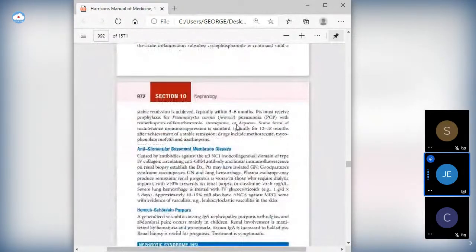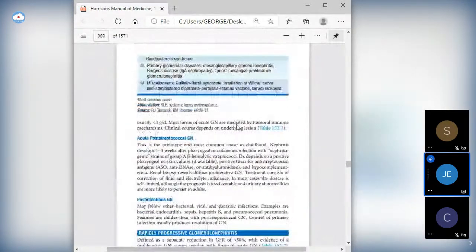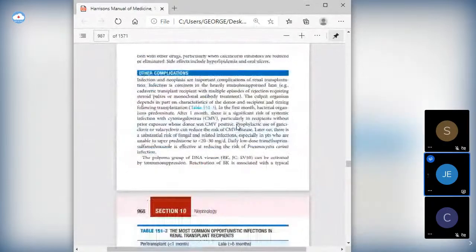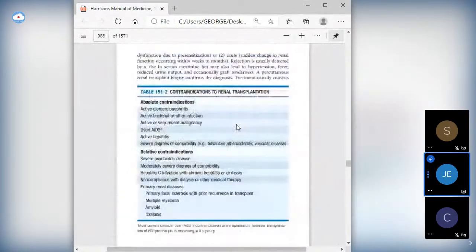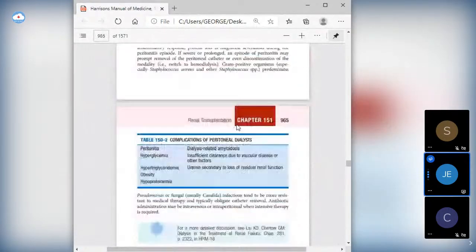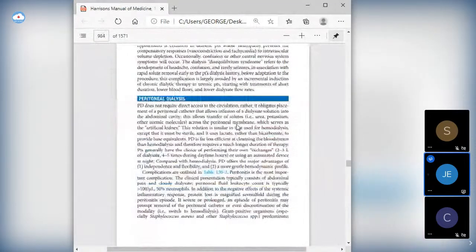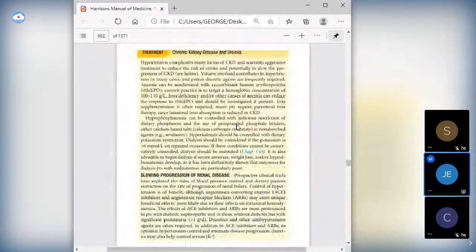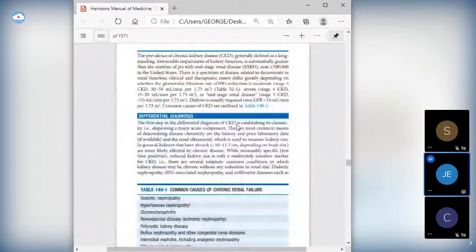It's a place where they describe the afferent and efferent and the factors that are controlling them. That should be in the anatomy section.